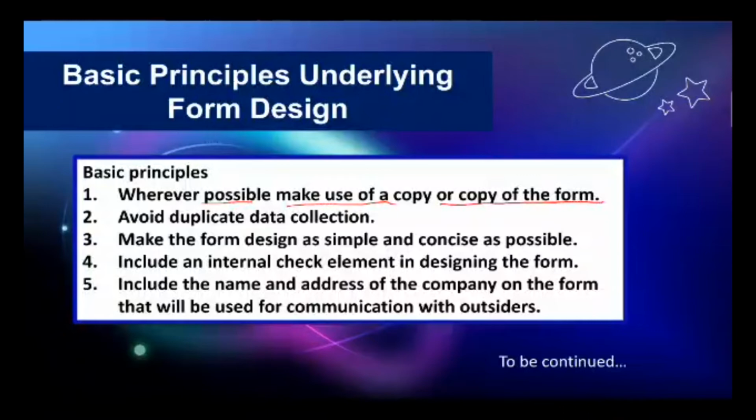When you study in the next chapter, maybe in the sales cycle or sales system, you will see that for the sales invoice, you have to make like 7 copies or maybe only 5 copies, depending on who will make use of each copy of the form.